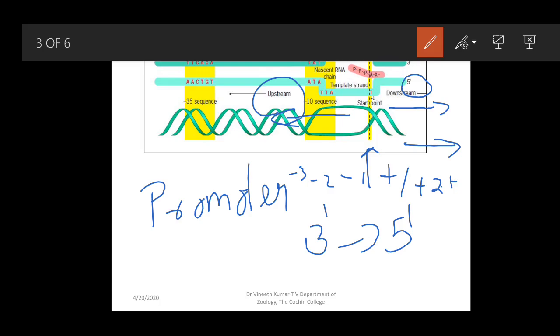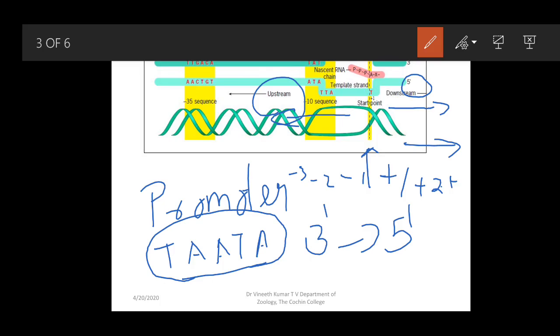For example, if a particular sequence is seen throughout prokaryotes, in every prokaryotic organism, at this particular region of the promoter, such a sequence is usually referred to as a consensus sequence, which is seen throughout the prokaryotes.